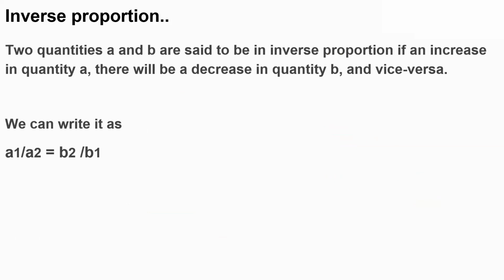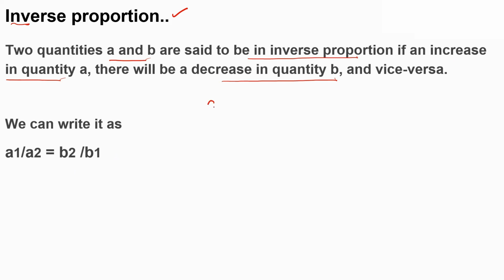Now, I'm going to take what is inverse proportion. As the name suggests, inverse means opposite. Two quantities A and B are said to be in inverse proportion if an increase in quantity A causes a decrease in quantity B and vice versa. If one thing is increasing, the other should be decreasing.